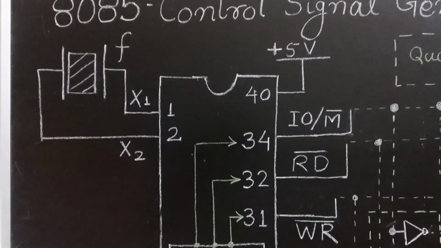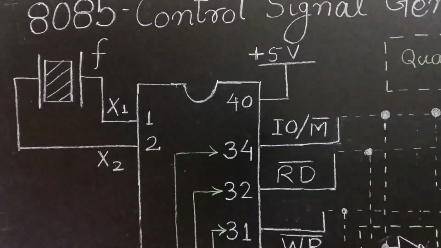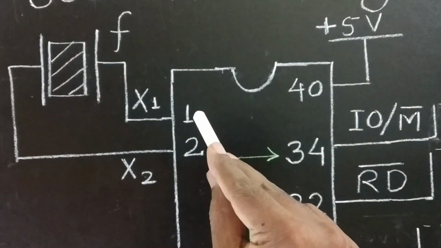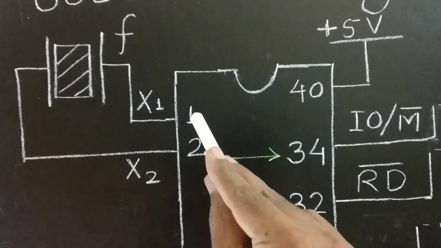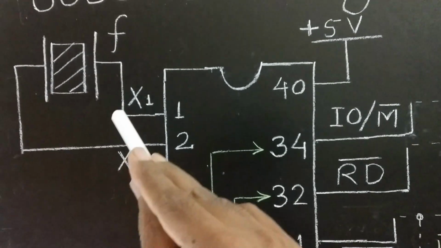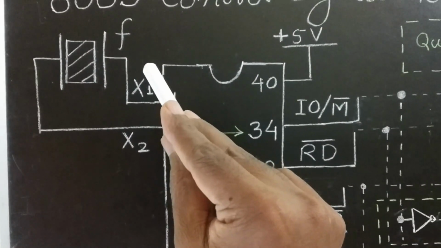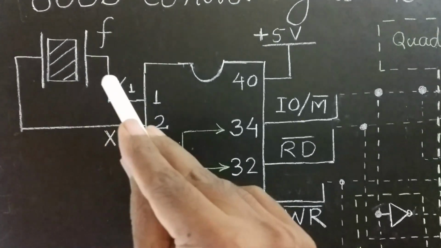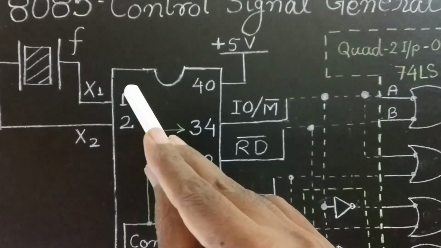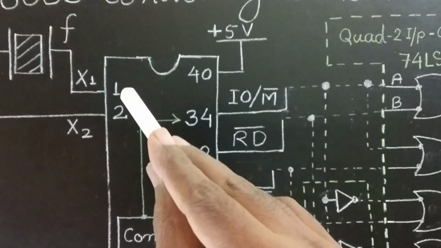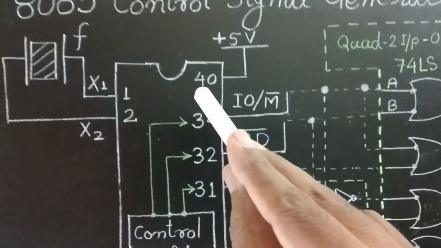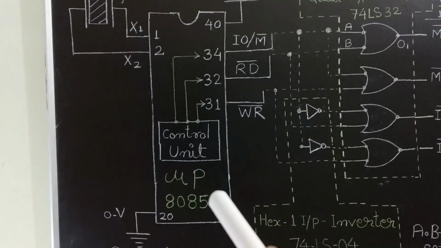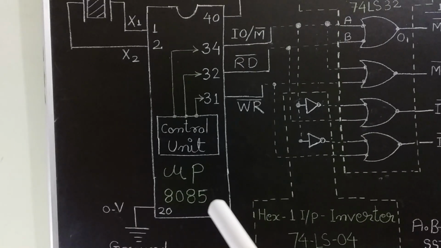We have already seen the clock frequency is generated by a crystal connected between pin number 1 and 2, and this crystal frequency is divided by 2, and then we have the clock frequency, which is performing different activities of the 8085 microprocessor.